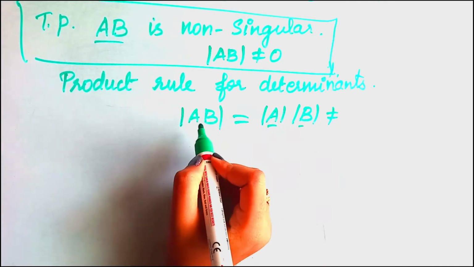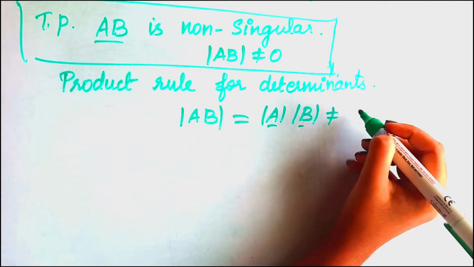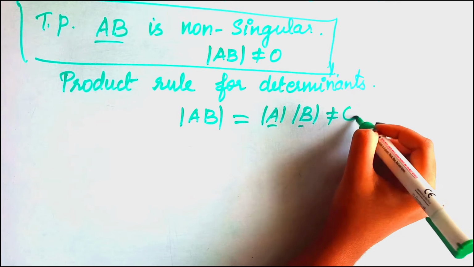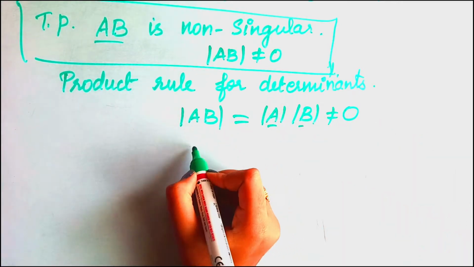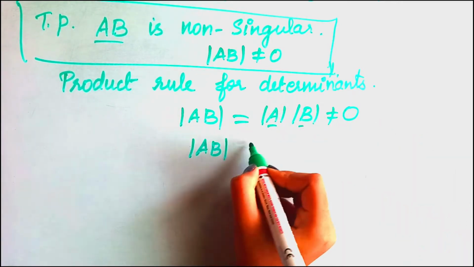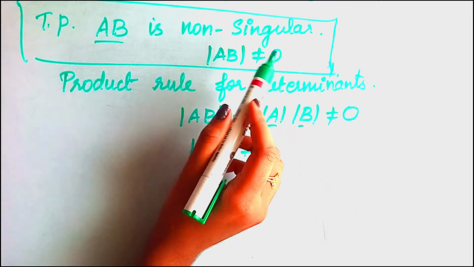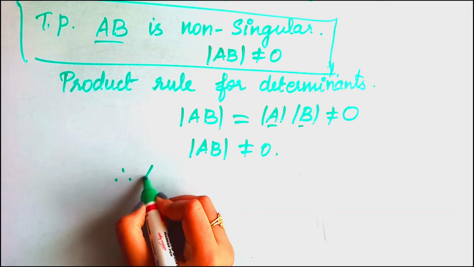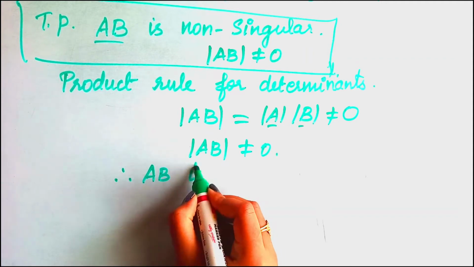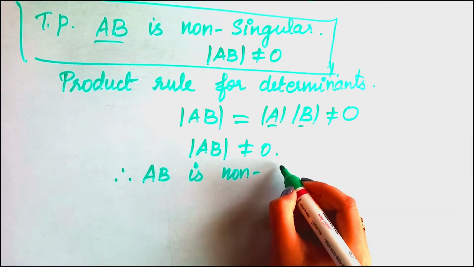Therefore, the determinant of AB is also not equal to 0, which means AB is non-singular.